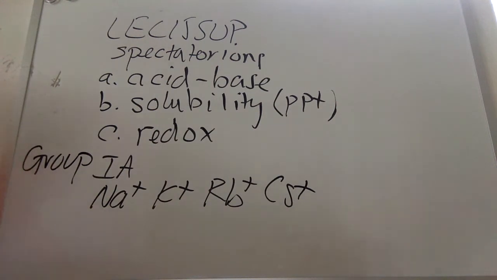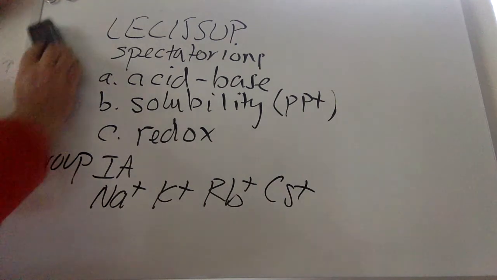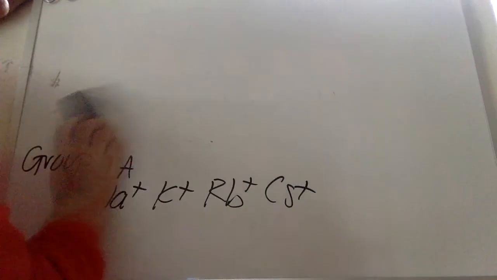Others could precipitate out. Other ones could have redox properties, i.e. they could reduce or oxidize. So let's look at a simple calculation that gives us an idea about why these are spectator ions.